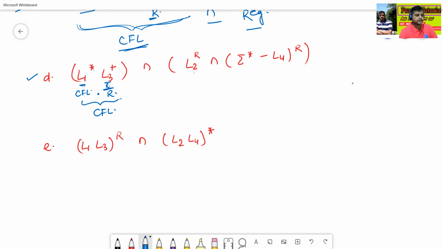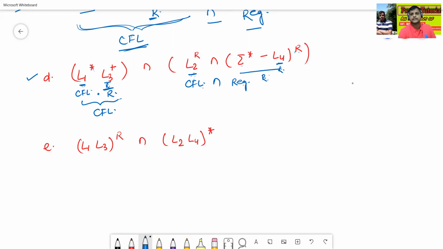Then we'll see L2 reverse. Here L2 is CFL, and the reverse of CFL is CFL. Then intersection. L4 is regular, its complement is regular, and the reverse of regular is regular.